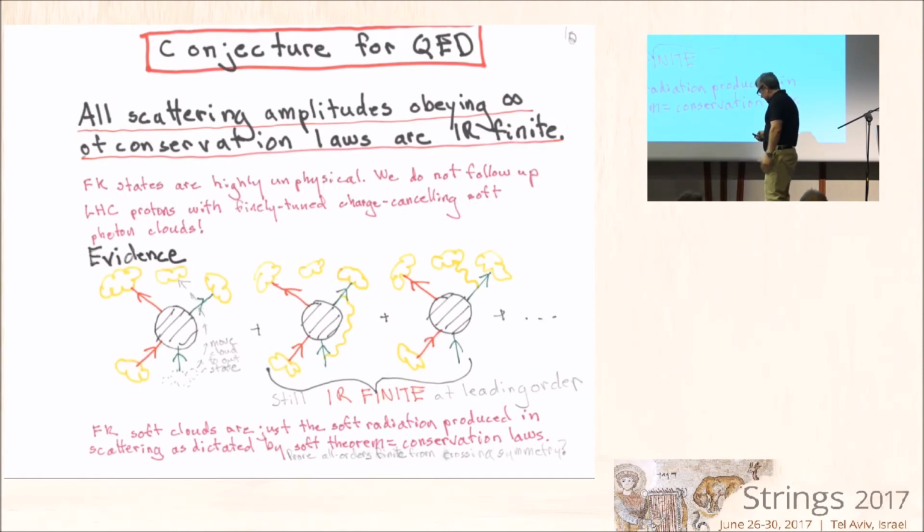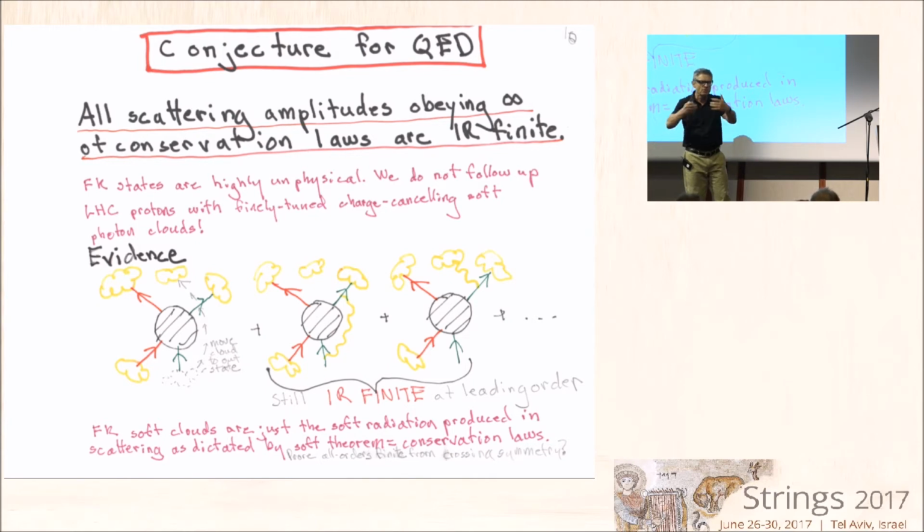So the first one has to do with QED. There's a big problem: Faddeev-Kulish states are not very physical. At the LHC, when we throw in protons, we don't follow them up by a cloud of soft photons that shields the variation in the Coulomb field.